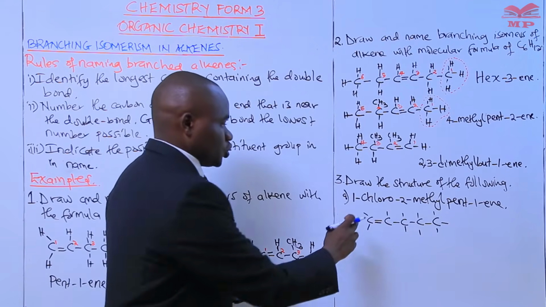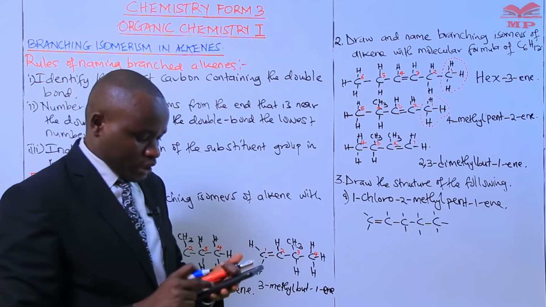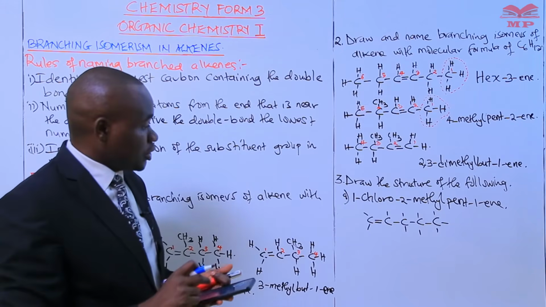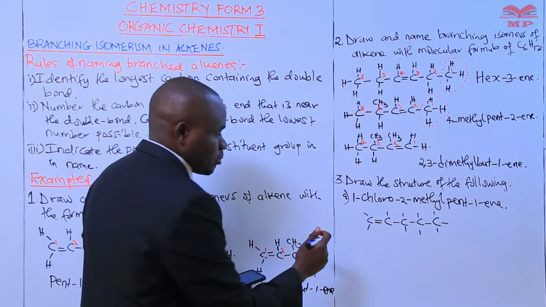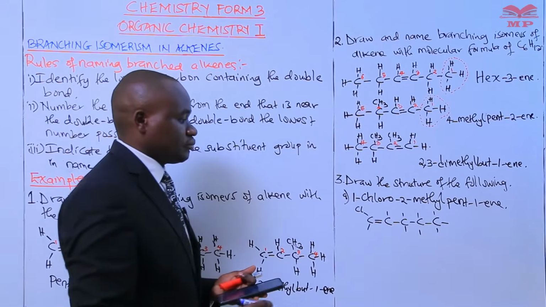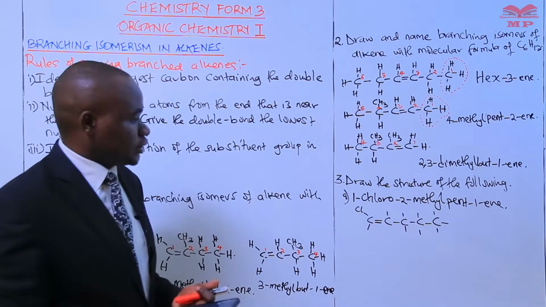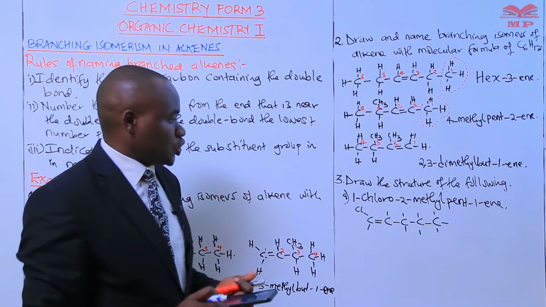The first is attached to carbon 1, and that is a chloro. So on carbon number 1, I put a Cl, chlorine. Next is methyl, attached to carbon number 2.